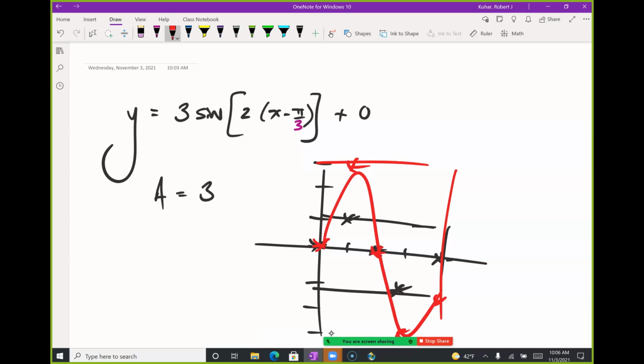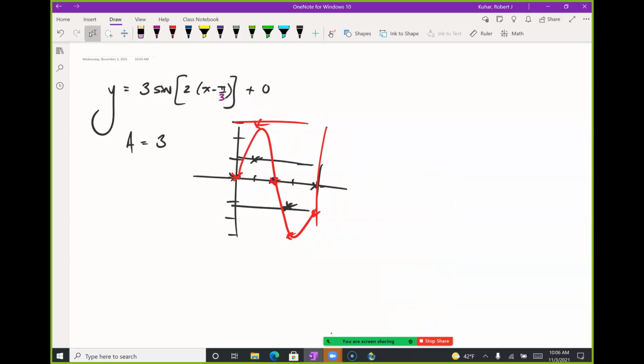So it's a height of 3 instead of a height of 1. And you can see how quick I'm doing that because I know the shape of the curve. I know how it behaves, right? So I can really think of these things quickly.